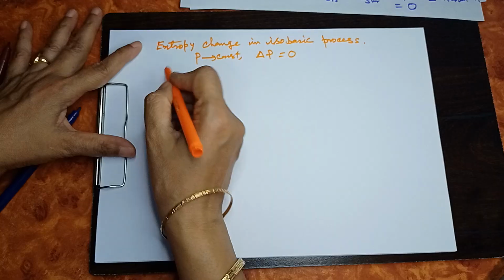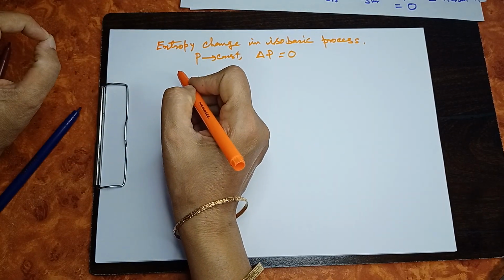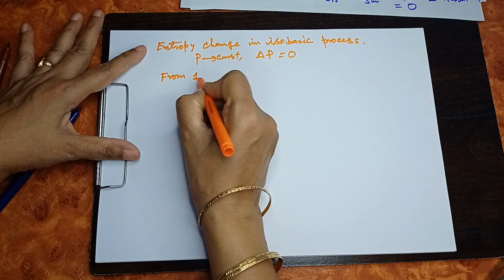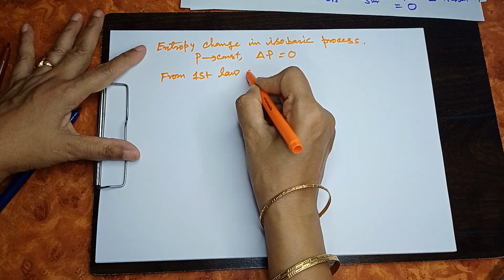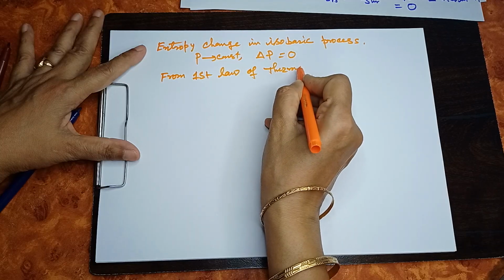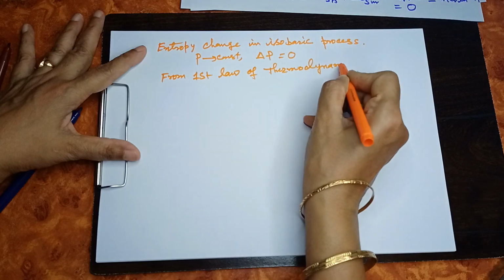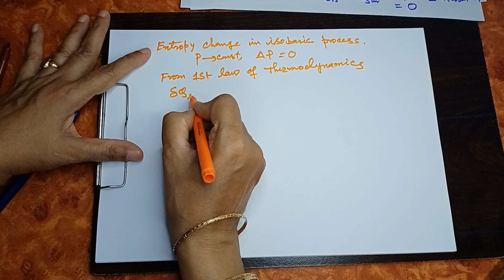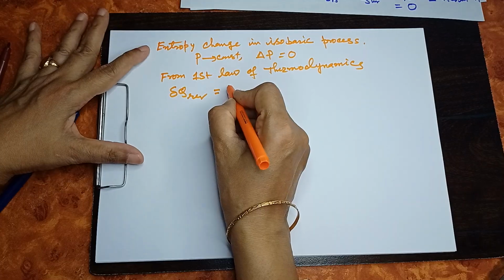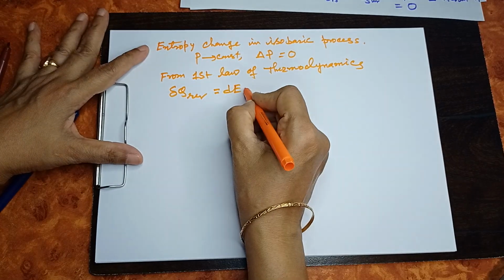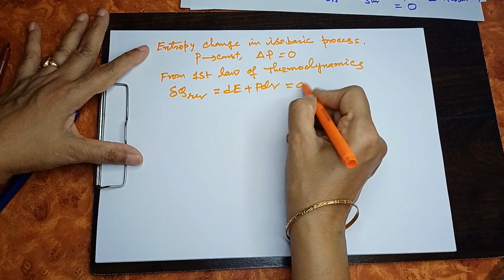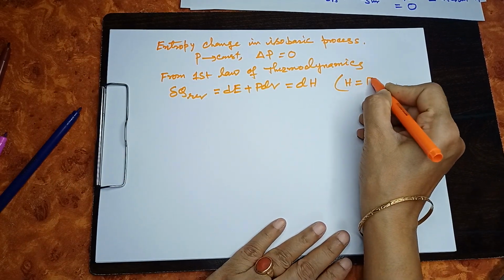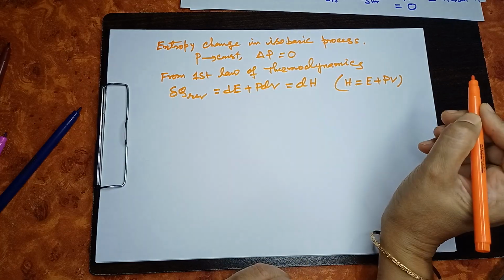Okay, now once again, from the first law of thermodynamics, we can write that del Q reversible is equal to dE plus PdV, and that is equal to dH, the change of enthalpy, where enthalpy H is equal to E plus PV.